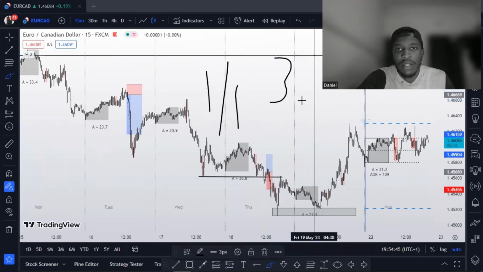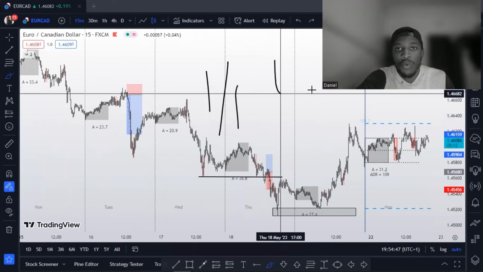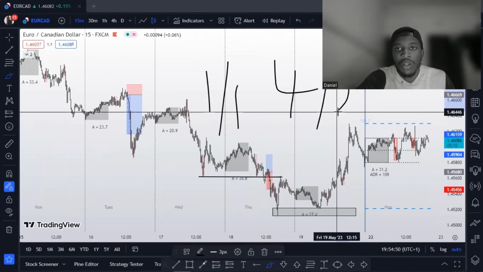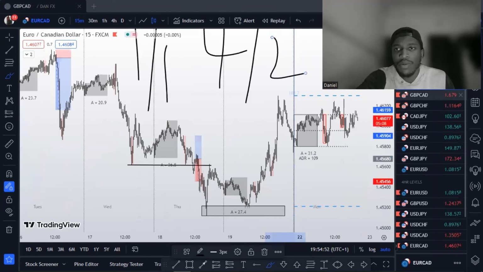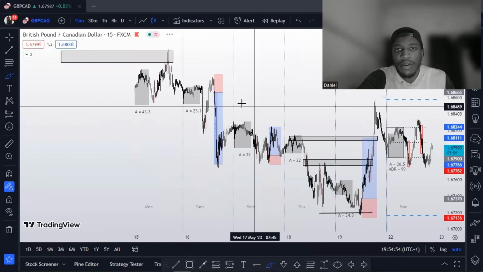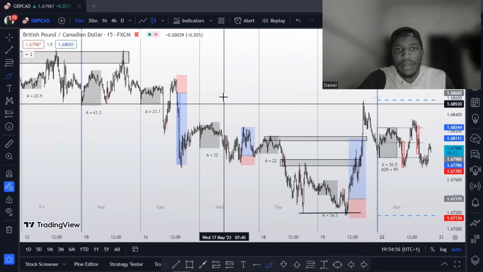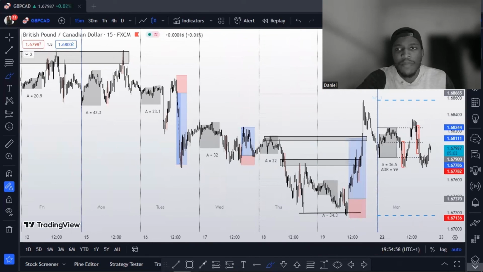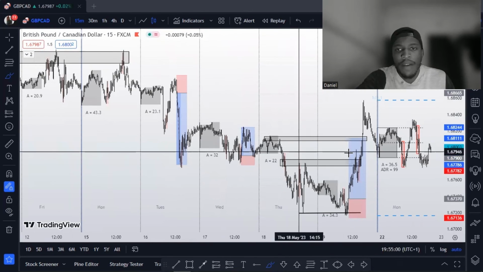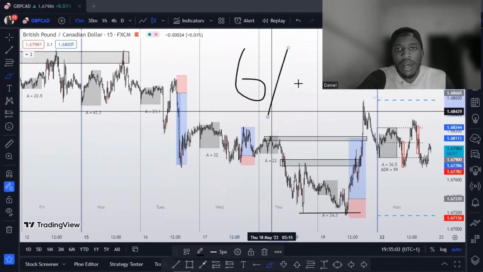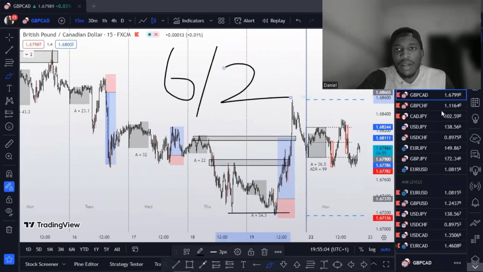So that's 4 wins right now and 2 losses. Let's go to GBP CAD. What do we have here? 2 extra, 3 wins basically. So that is 4, 5, 6 wins and 2 losses at the moment, right?